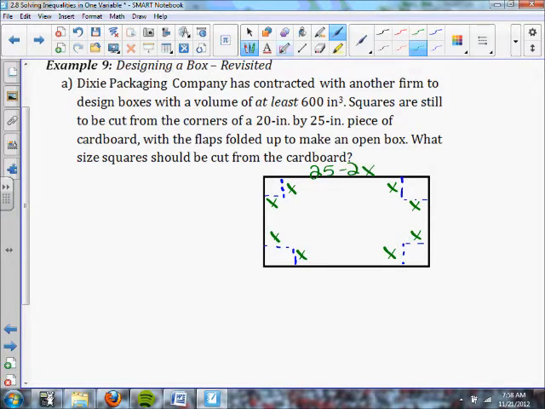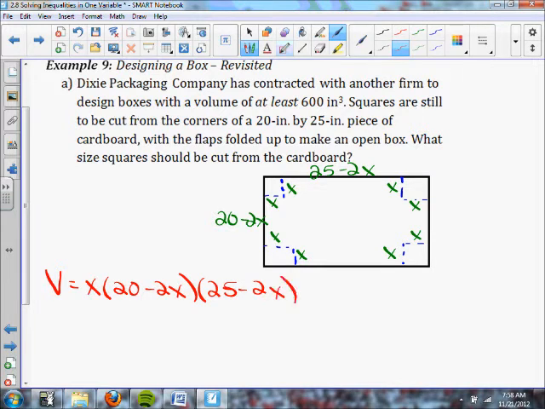This whole length is 20, so this will be 20 minus 2x, correct? That means to find my volume, the volume will be x times 20 minus 2x times 25 minus 2x.